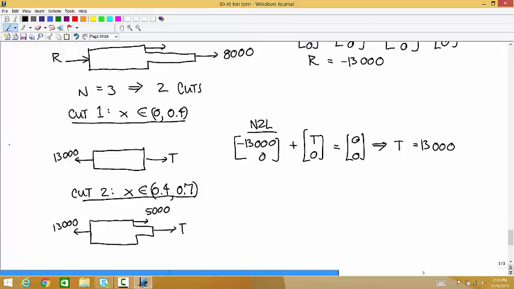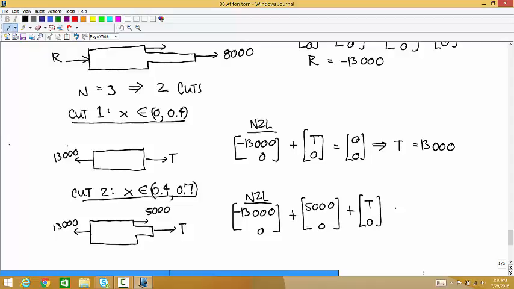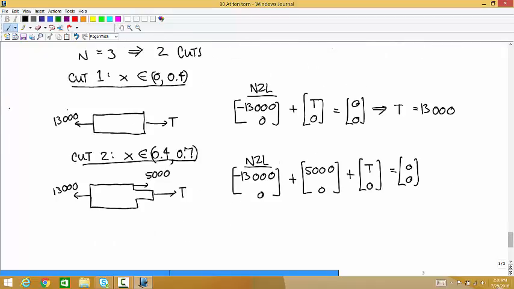And then we have the internal tension. So negative 13,000 plus 5,000 plus T is equal to zero. And so T is equal to positive 8,000.